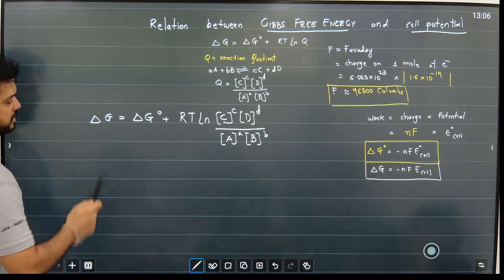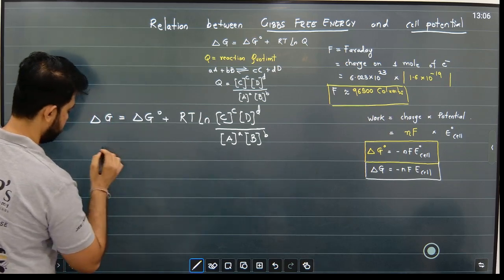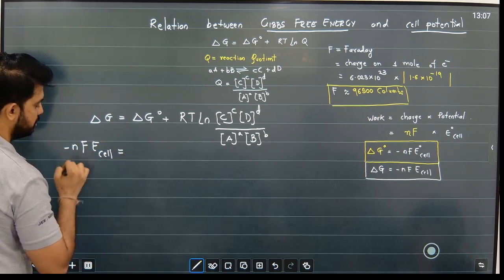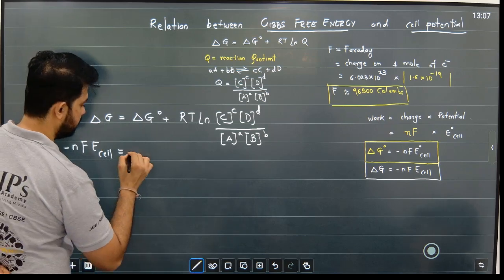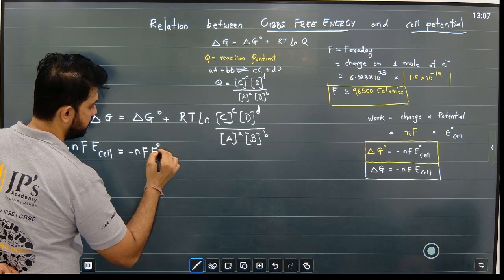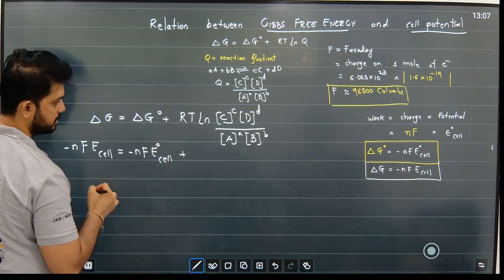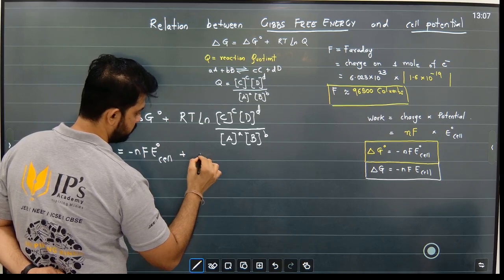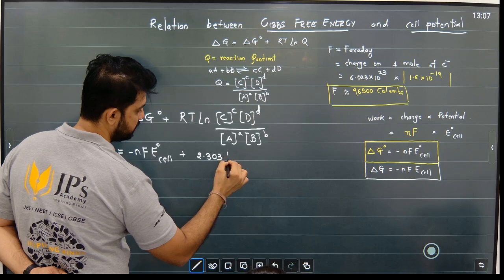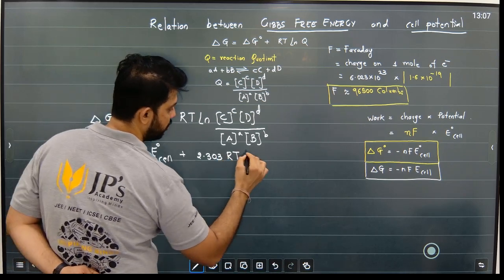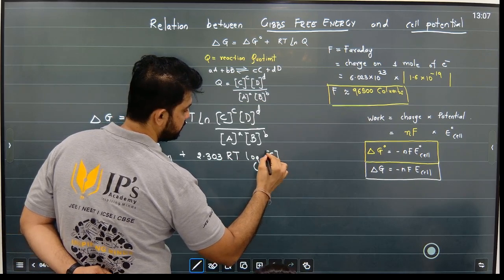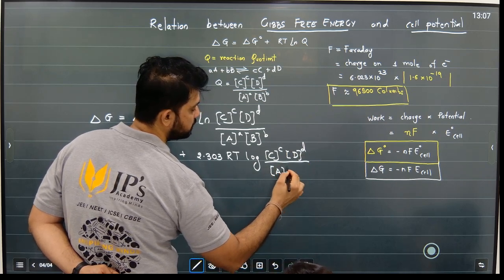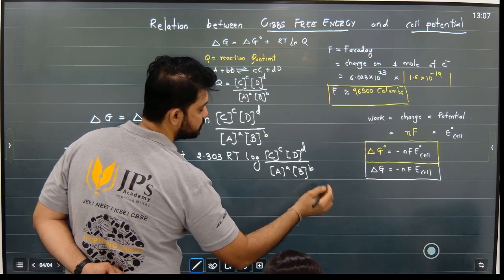Now what is the expression for delta G? Minus nF E cell is equal to, what is the expression for delta G naught? Minus nF E naught cell plus, if I want to convert ln to base 10, 2.303 RT log of C raised to c into D raised to d over A raised to a into B raised to b.